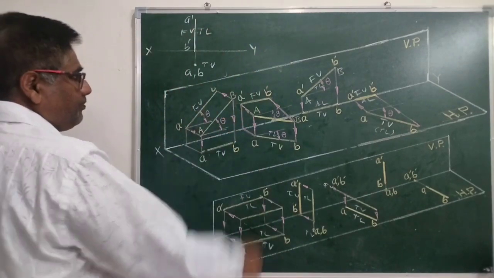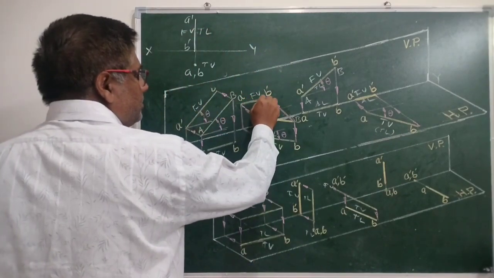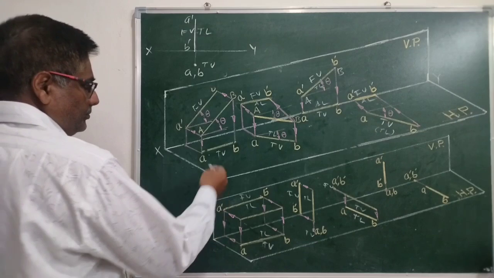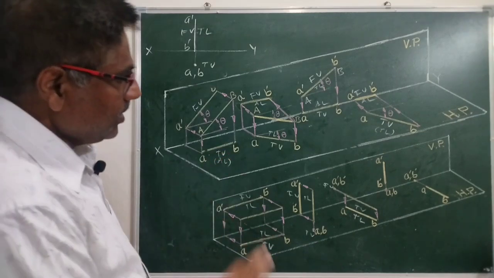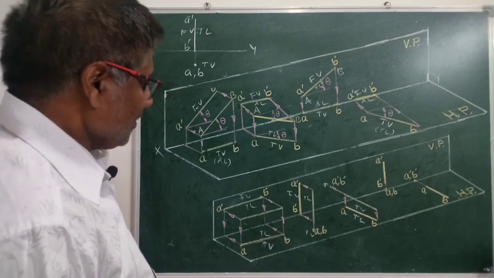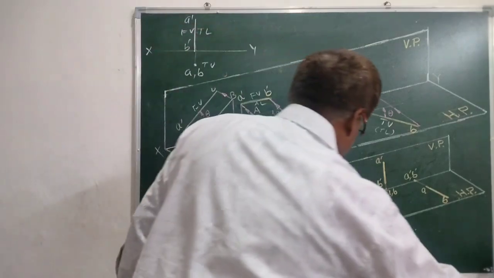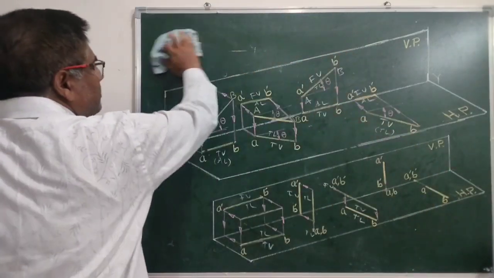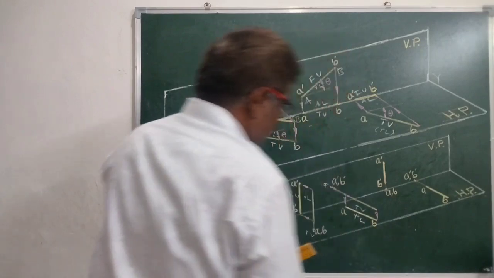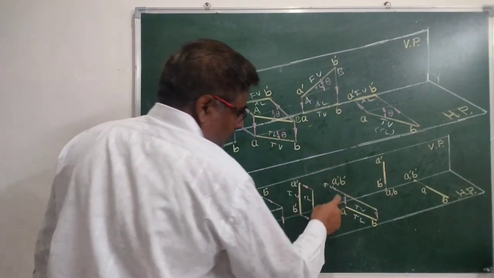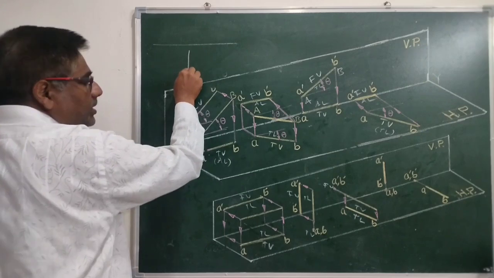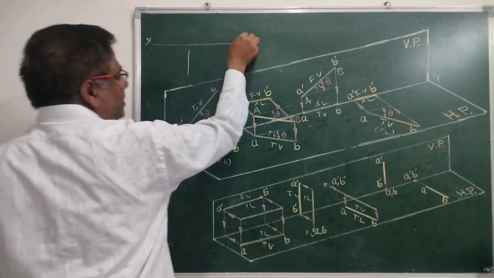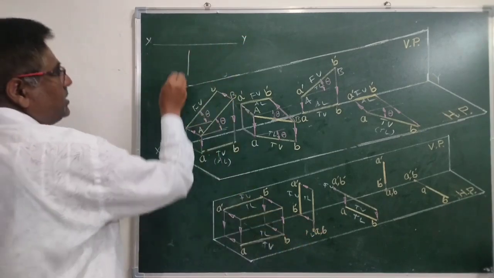Okay. Front view with apparent length. Top view with apparent length. Okay. Now, we were discussing this case. Top view will be perpendicular to XY, and what is this point?